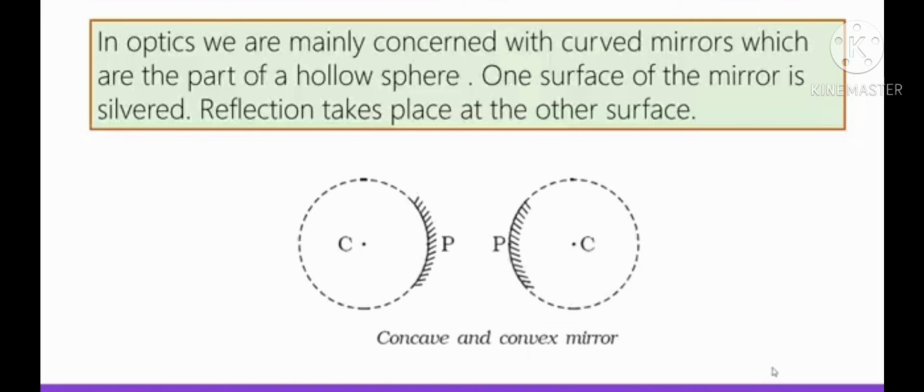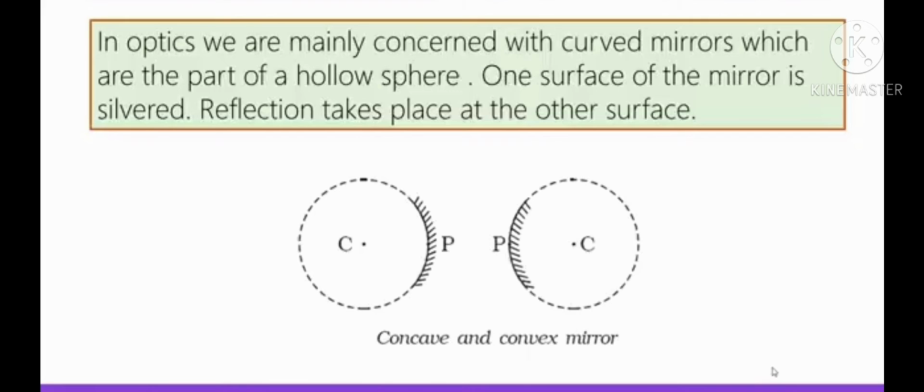The other, non-coated side behaves like a mirror. In this way, we can make a mirror by using a glass piece. One side is coated and another one becomes the reflecting surface. On that we can see our image.